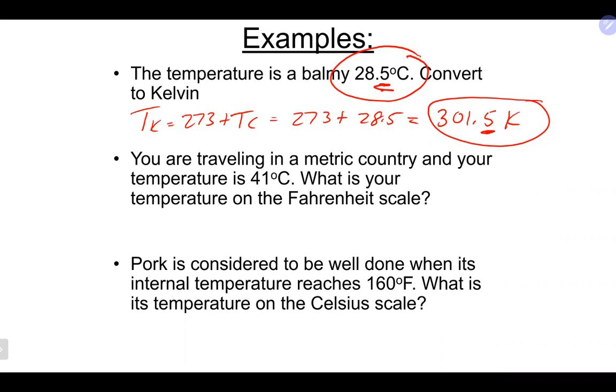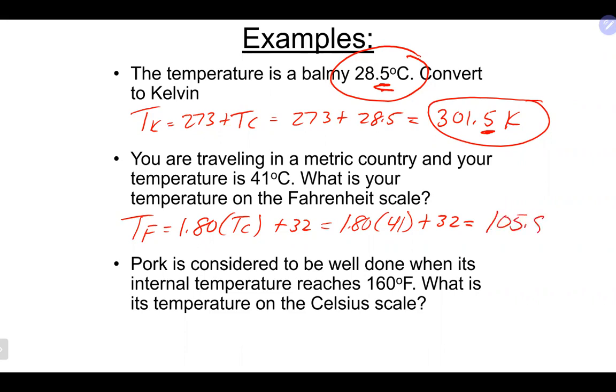Coming here, we want to convert Celsius to Fahrenheit. Our formula is the temperature in Fahrenheit equals 1.8 times the temperature in Celsius plus 32. So we take 1.8, multiply it by 41, and add 32 to it. On our calculator, we get 105.8 degrees Fahrenheit.